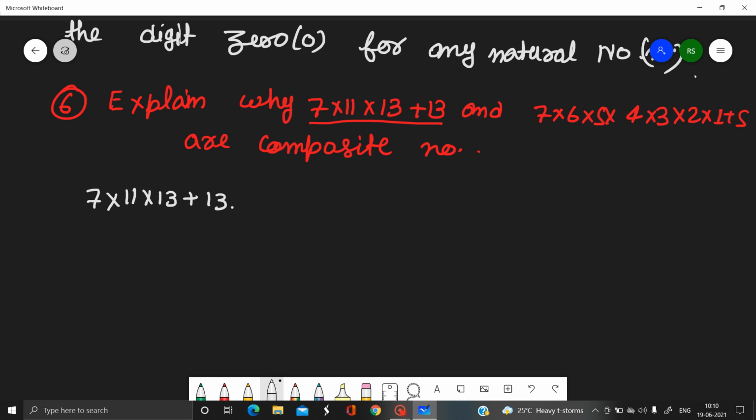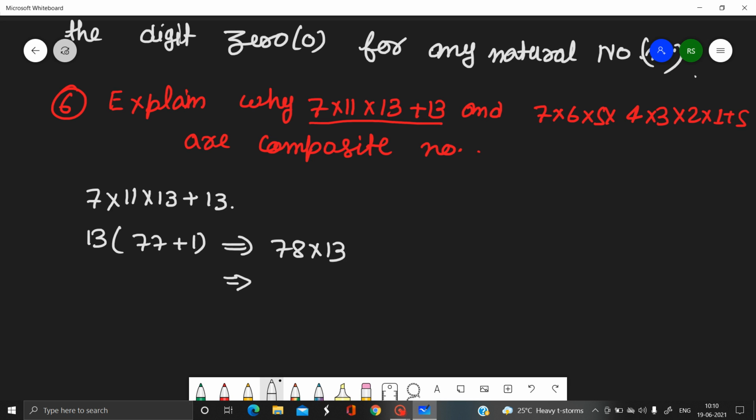You can see here, I am taking 13 as common, so here is 77 plus 1, which is 78. So 78 into 13. When we do prime factorization of 78, what do we get here?